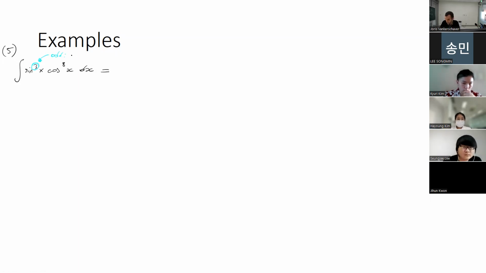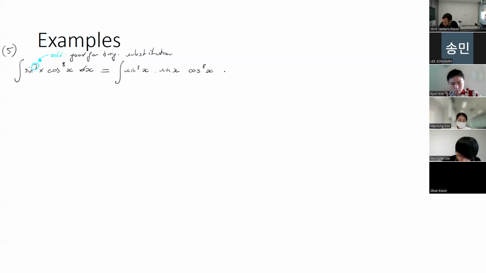So this is good for trigonometric substitution. And why is that? Well, you'll see in a minute. When we have that odd power, we can write it as sine squared times sine. So we split off one of the sines and we leave the rest as it. So we leave cosine to the power 8 dx.